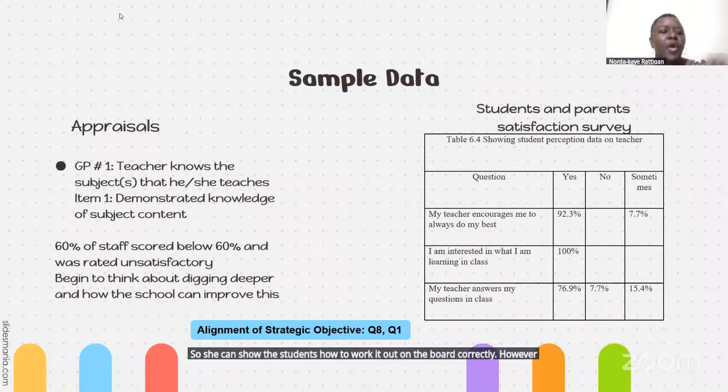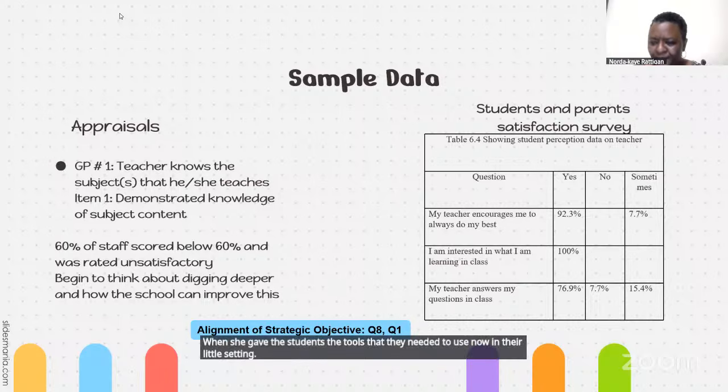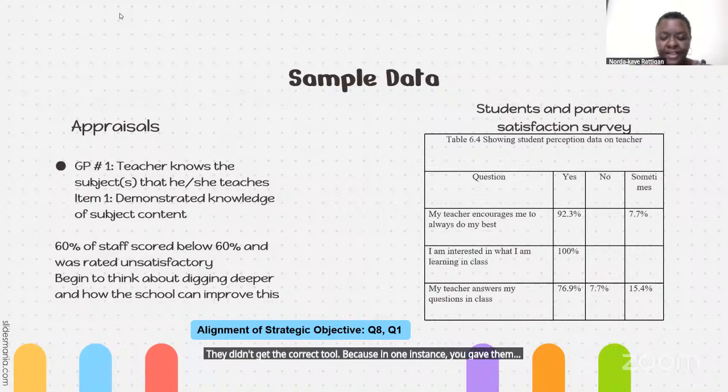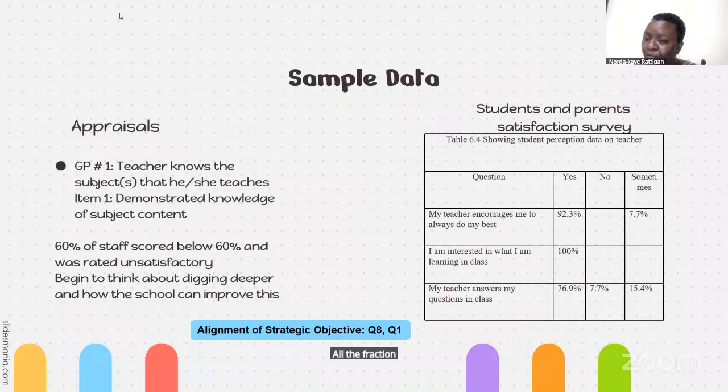However, when she gave the students the tools that they needed to use in their little setting to explore in the 5E, they didn't get the correct tool. In one instance, you gave them fraction pieces, but the fraction pieces weren't enough for them to do what they needed to do.